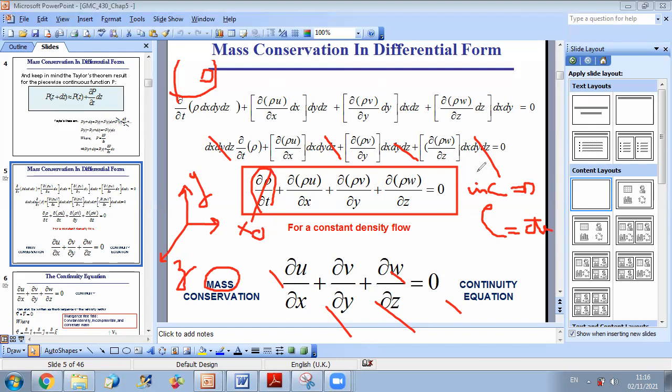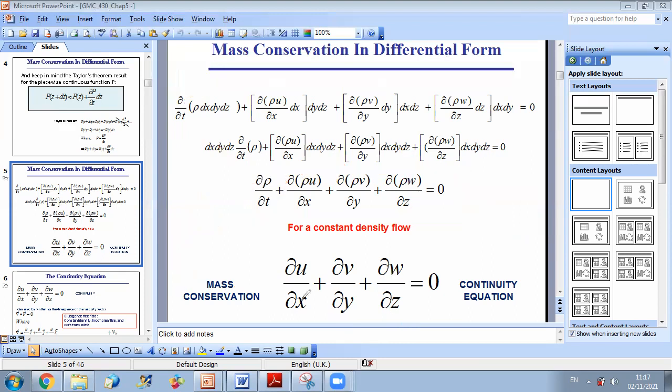So in case we have incompressible flow, since rho is constant, we can take it outside of the derivative for each term and take it as a factor: rho times (del u by del x plus del v by del y plus del w by del z) is equal to 0. Rho can be simplified, and we can say that if we have incompressible flow, this is the continuity equation in differential form: del u by del x plus del v by del y plus del w by del z equals 0.